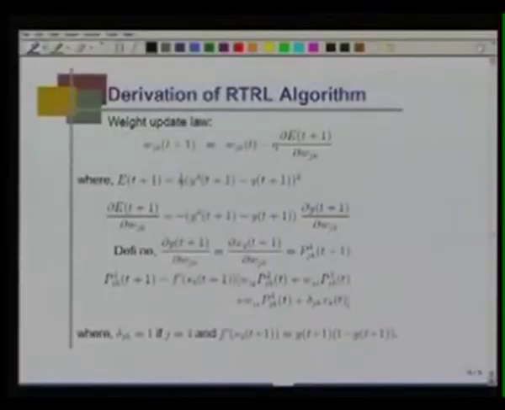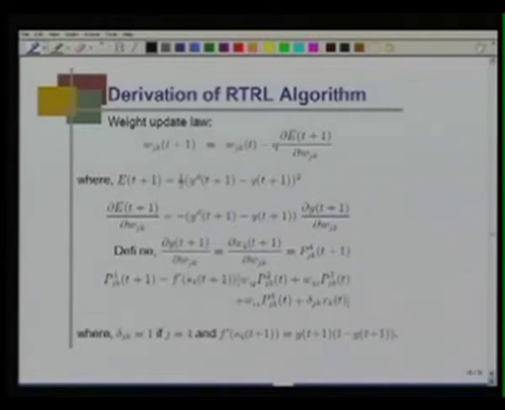So, that makes the difference. E t plus 1 is this instantaneous quadratic function, that is half of the desired output Yd t plus 1 minus Y t plus 1, squared. So, this is again an instantaneous error, because this is real time recurrent learning.